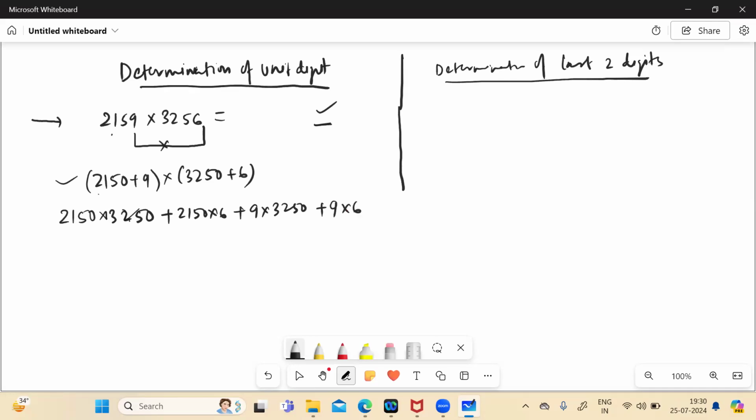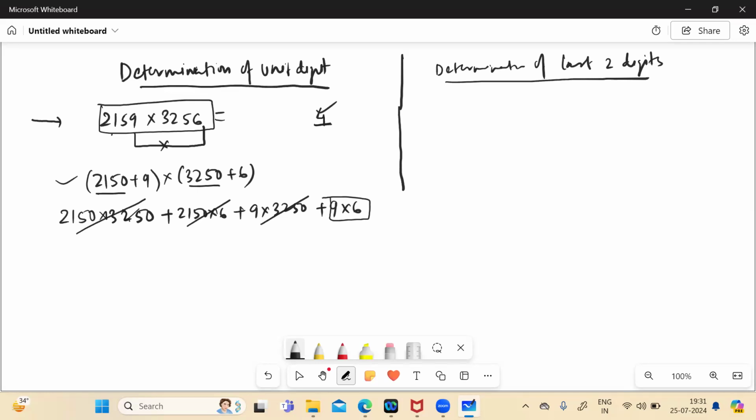Because of the two zeros here, this multiplication will have 0 as last digit. This will also have 0 at last digit. This will also have 0 at last digit. So the unit digit will come from this multiplication, 9 into 6. So the last digit will be 4.